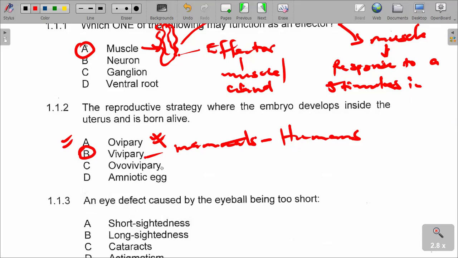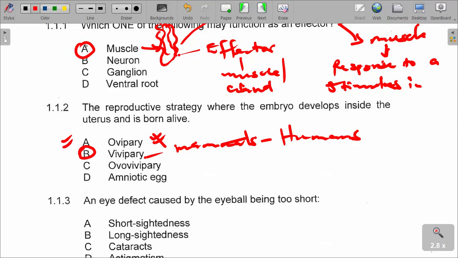Obviously, the last one is ovoviviparity, which is that form of reproductive strategy in which young ones develop from eggs that are fertilized internally and retained within the mother's body, but obtain their nutrition from the egg yolk and not from the mother.